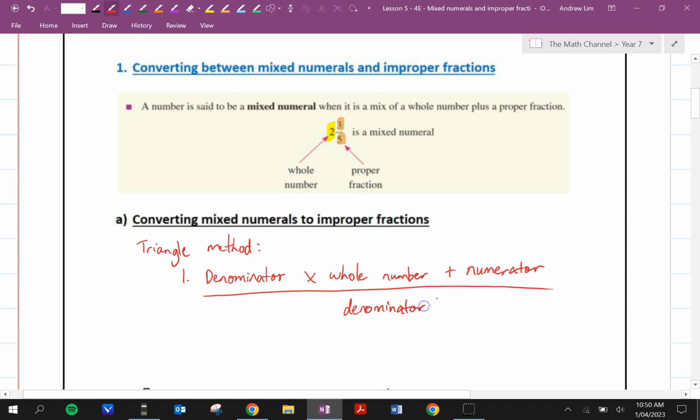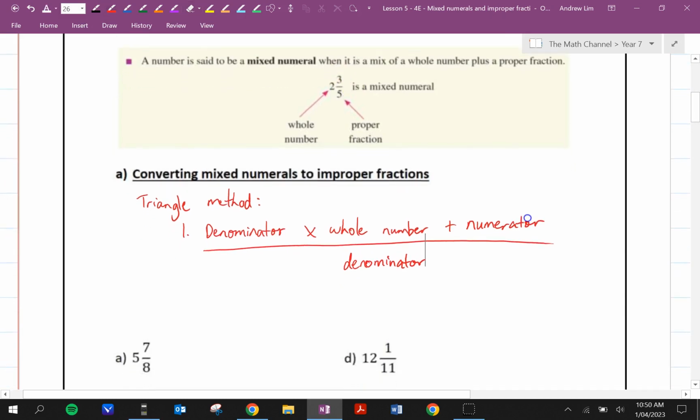You might be wondering, why is this called the triangle method? Well, if we've got the 2 and 3/5, I like to start with the denominator, the 5, times by the whole number, add the numerator, and put it over the denominator. And that's my triangle. So 5 times 2 is 10, plus 3 is 13, over 5.